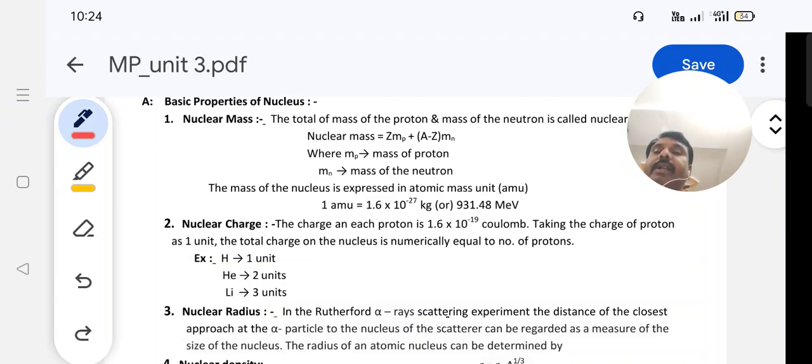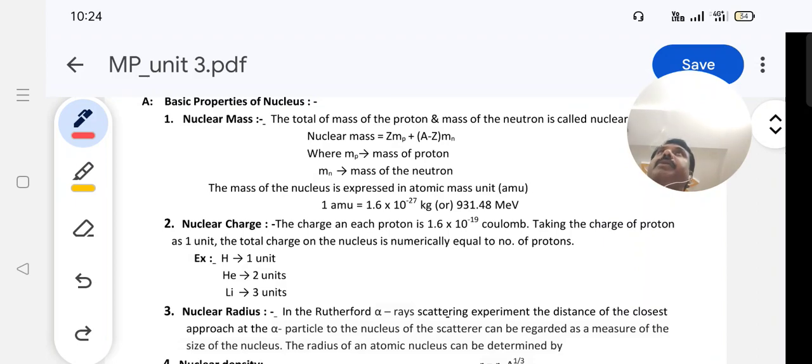In general, the mass of the nucleus is expressed in terms of atomic mass units. Nowadays, it is expressed in terms of unified atomic mass units, either in AMU or in u.